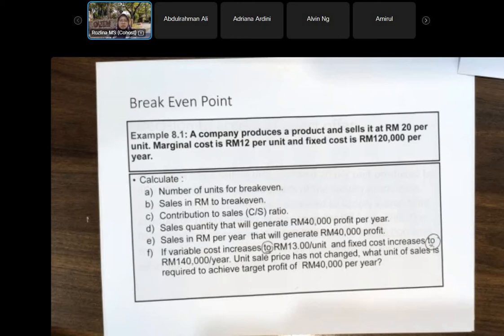Okay, 20 cent times 400,000, so you get 80,000. Okay, variable cost, yang ni 16,000, ni 56,000. So 56,000 minus 16,000, you get 40,000. Ni variable cost. And then you get the contribution. Just minus these two, you get 40,000. Okay, then you minus with fixed cost. Fixed cost tadi 16,000. So you get 24,000.